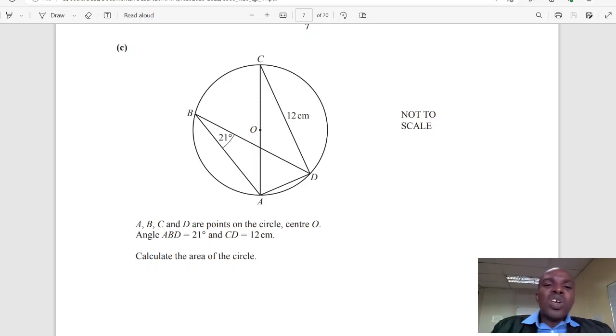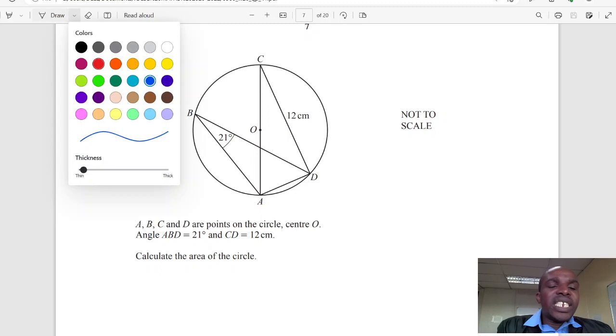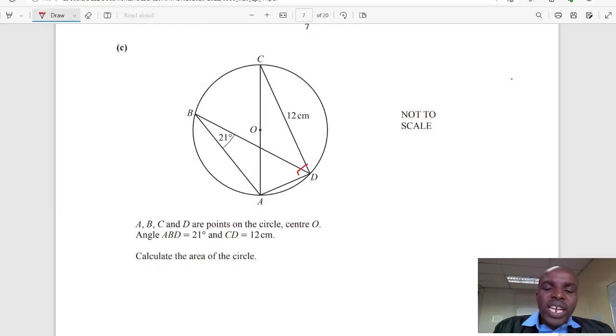For the area of the circle, you must find radius AO or radius OC. First thing, the angle formed by the diameter. You can write here angle ADC is equal to 90 degrees.